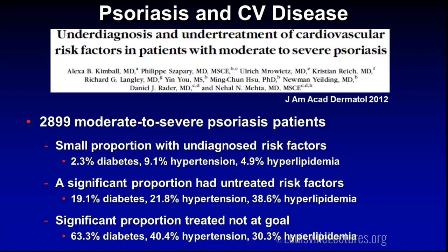And they showed that luckily the minority of patients had undiagnosed modifiable cardiovascular risk factors. However, a significant percentage of patients, despite those diagnoses, were not being treated for the modifiable cardiovascular risk factors. Additionally, a high percentage of patients, even though they were treated, were not being treated at goal.